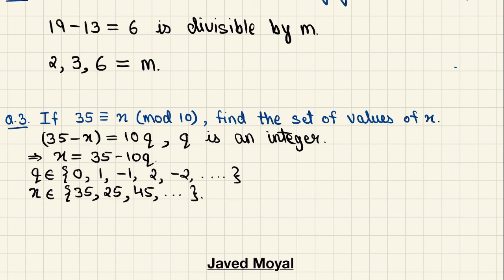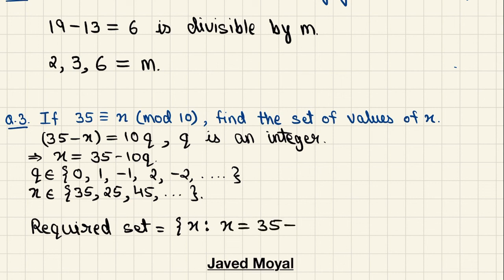So by this you get different values of x, or you may also write the set in set builder form: the required set for this particular question can be x such that x equals 35 minus 10q for all q that belongs to Z, right?